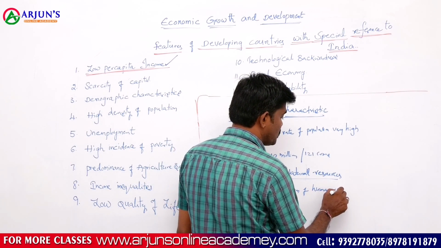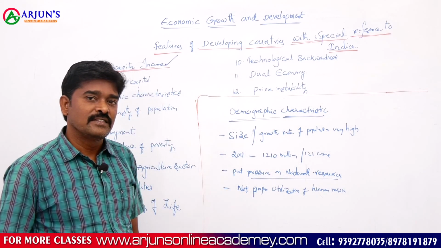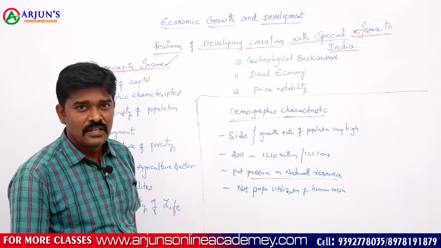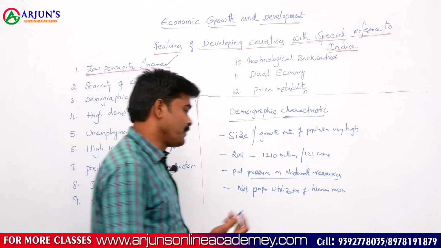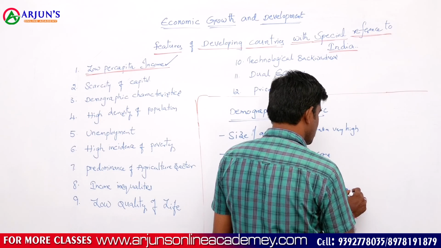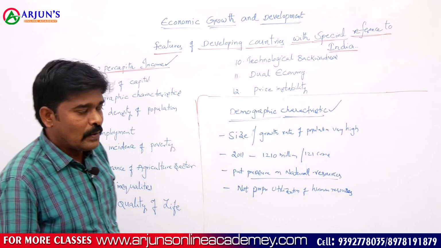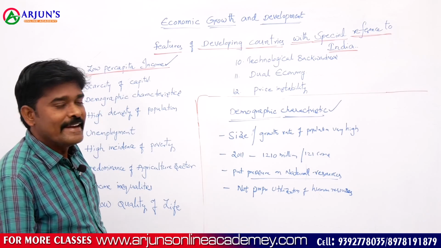Human resources suffer due to illiteracy, technical backwardness and malnutrition, a lack of sufficient capacity and stamina, so there is no proper utilization of human resources. So, these are other important character features of a developing economy like India.